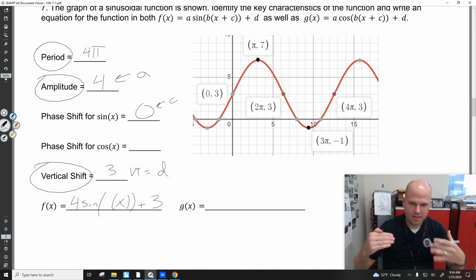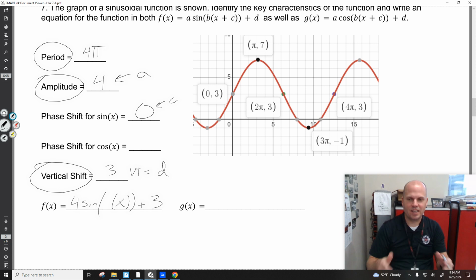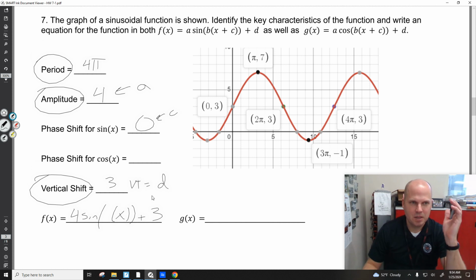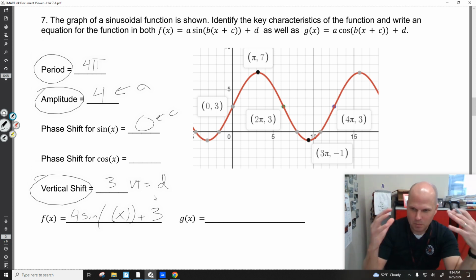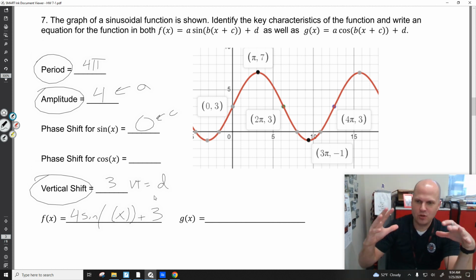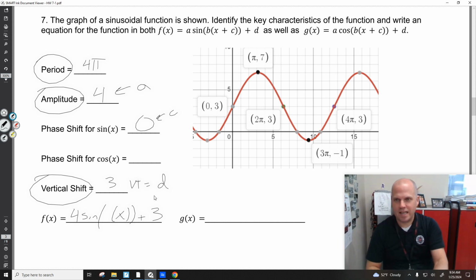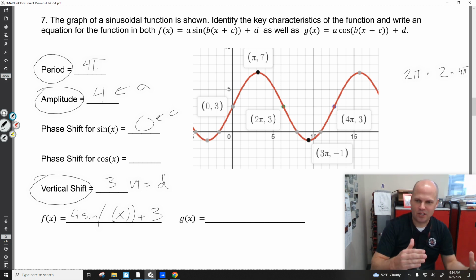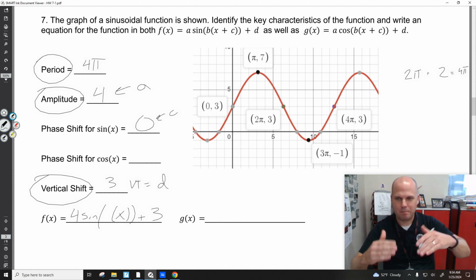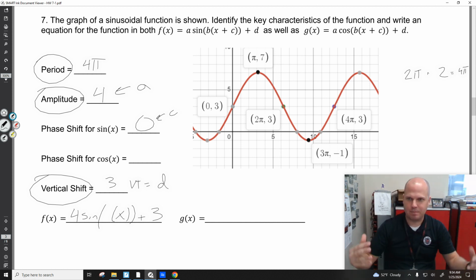How can we find this B? Okay, well, it's tough to kind of say, but we want to take a normal period of 2 pi and make it 4 pi. We want to take our 2 pi, multiply it by 2, so that my period becomes 4 pi. Well, what needs to be in your equation so that you multiply it by 2? You multiply your x's by 2.